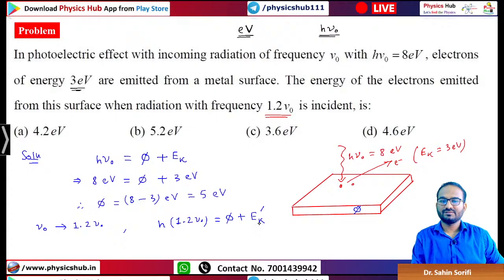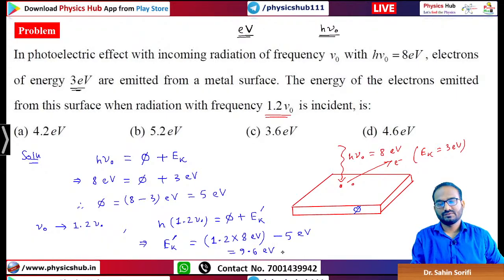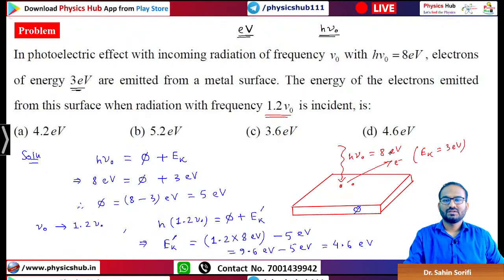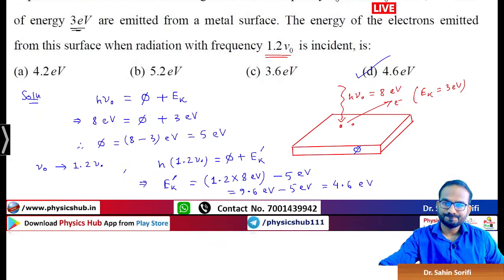So we have to find out this Ek prime. Ek prime is equal to h nu 0 into 1.2. So 1.2 h nu 0, we know h nu 0 is 8 electron volt, minus 5 electron volt. This is 9.6 electron volt minus 5 electron volt, that is 4.6 electron volt. That is precisely matching with option D.